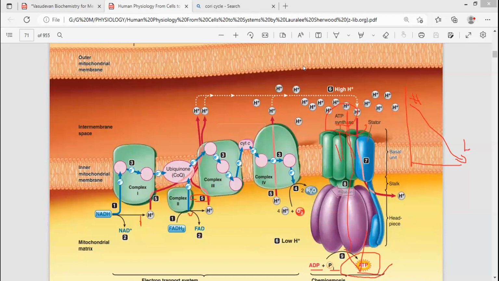Remember, we said all this complex 1, 2, 3, and 4, they are fixed, right? They are not moving. But ubiquinone, that is coenzyme Q, and cytochrome C, these ones can move. They are not tied down. So what does cyanide do? Cyanide binds to this cytochrome C, right?